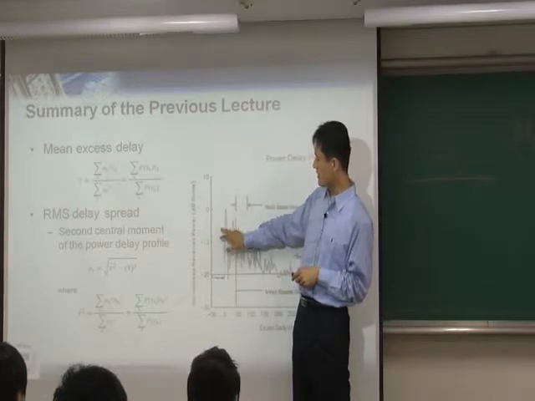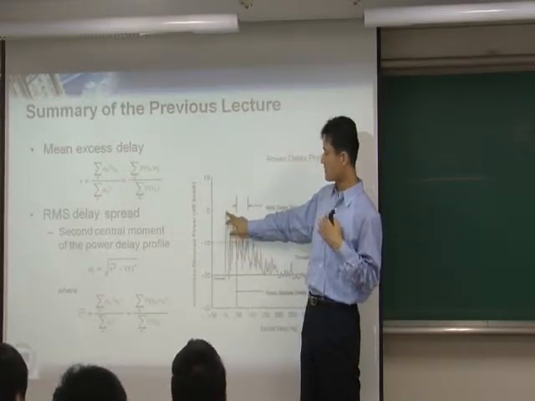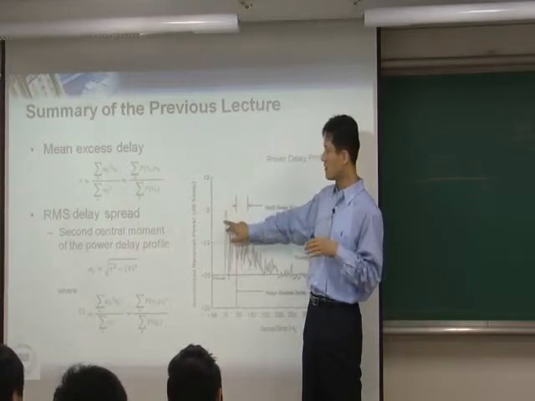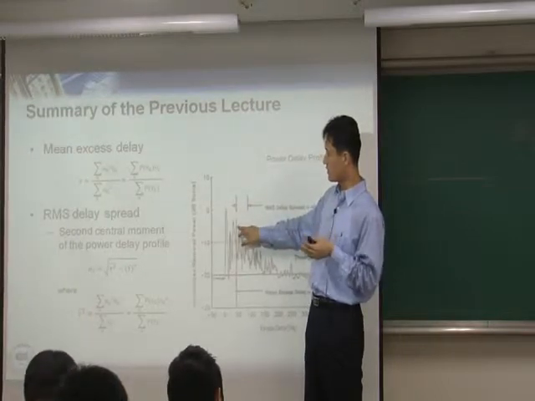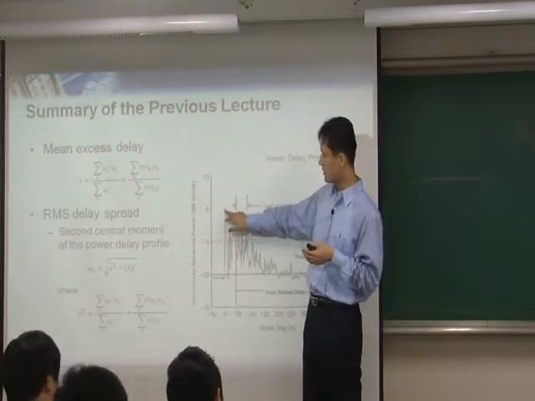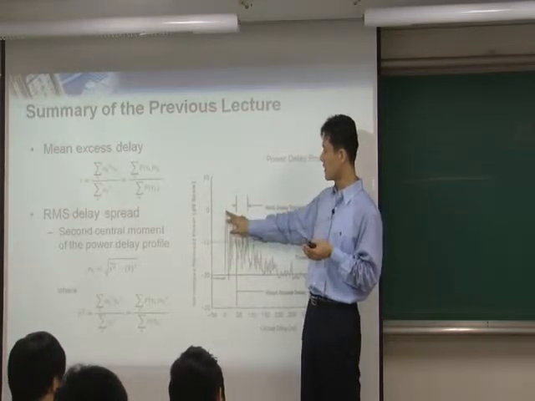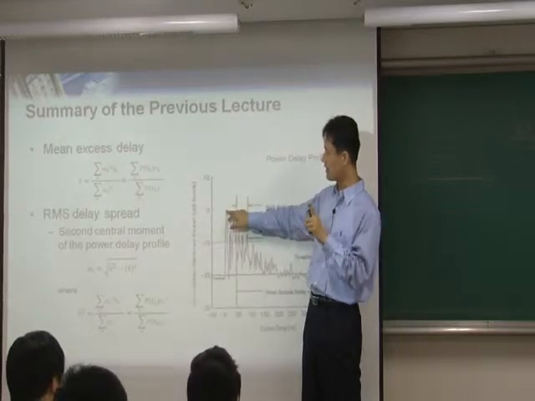That basically means that the actual power here is something like minus 90 dBm or something. But we don't care about the actual power level. What we care about is that we want to make the first path, or the largest, strongest path, a reference. So we make this one as 1.